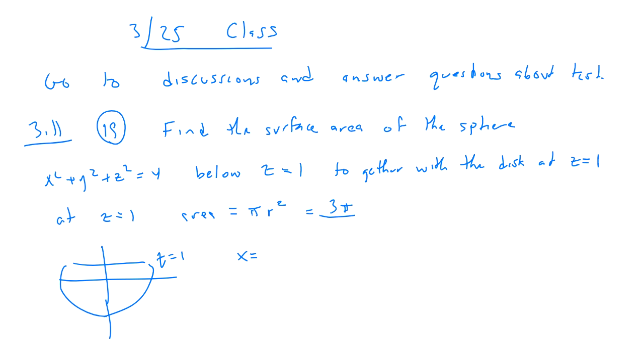And for that, we will use the spherical parameterization. But we know here what rho is. Rho here is what? So rho here is 2.